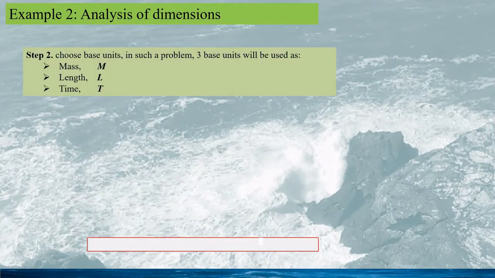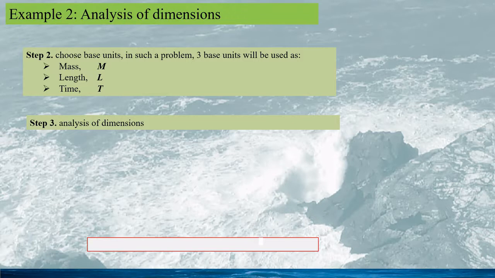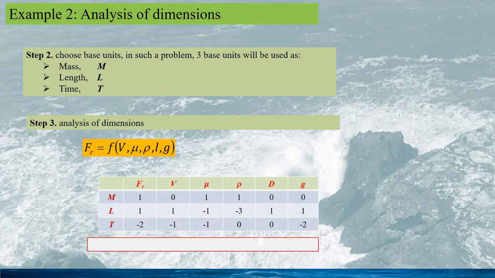Similarly, the second step is to decide the base unit. We have 3 base units: mass, length, and time. After that, we need to make the analysis of the dimensions for all variables, as we see in the table. And the corresponding symbols are given here.